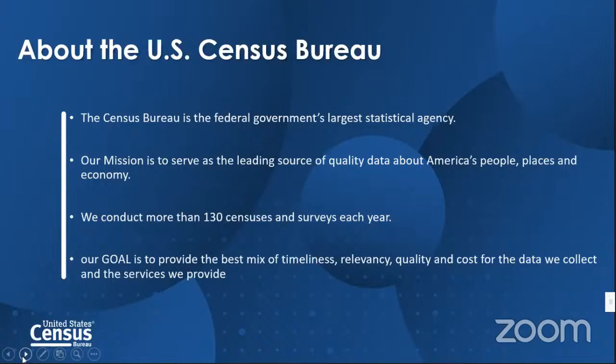We are better known for the Decennial Census, but that's not all we do. We operate under Title 13 and Title 26 of the U.S. Code to conduct over 130 censuses and surveys each year. And these censuses and surveys are of households and of businesses across the nation.